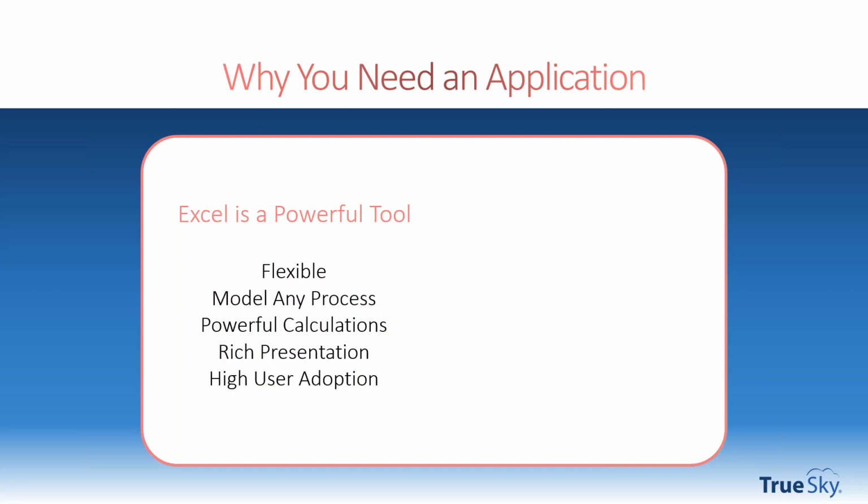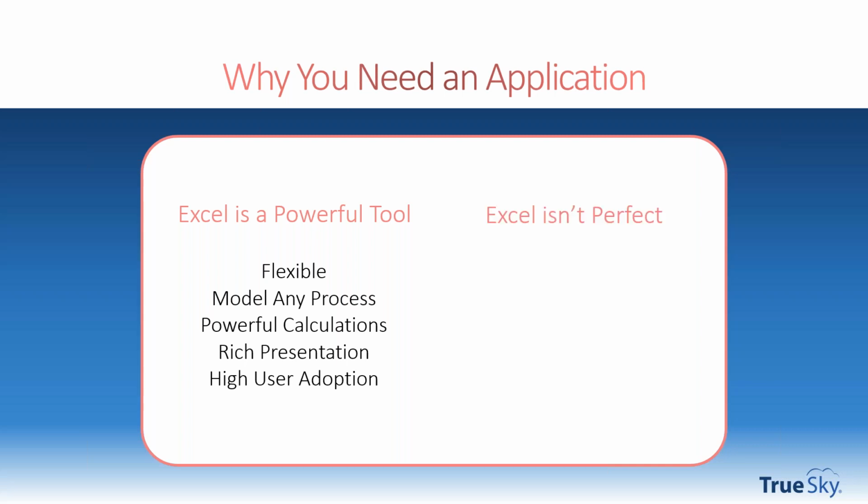It allows you to model any real business process you can think of. You can do really complex calculations, and compensation is one of those areas, especially with benefits or taxes where you've got caps and limits. It's got a rich presentation layer, and a really high user adoption rate when you roll it out. People know it.